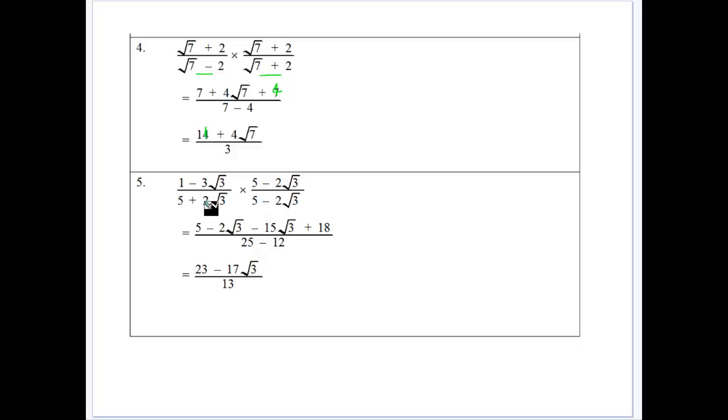Because we've said 5 times 5 and 2 times 2, the root 3 times root 3 is only 3, so that's where we get the 4 times root 3. So be really careful with that one. That's the major error that occurs. Expanding the 2, we get our four terms up the top, then collect out any like surds or like terms. So 5 plus the 18, minus 2 minus 15, gives us the minus 17 there. So that's what we're looking at with our expansions.